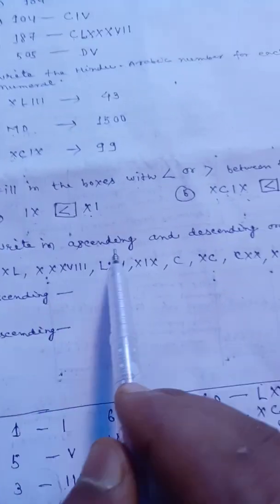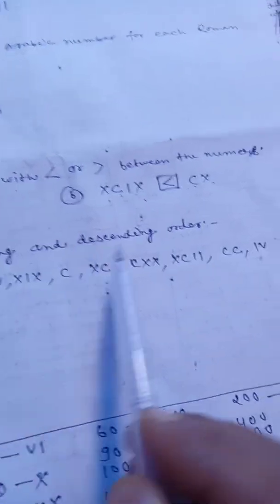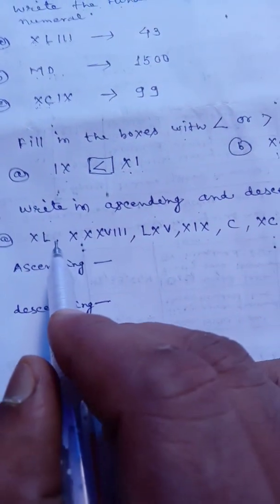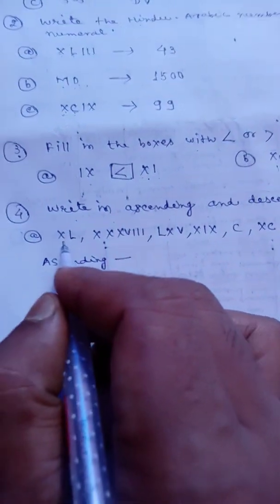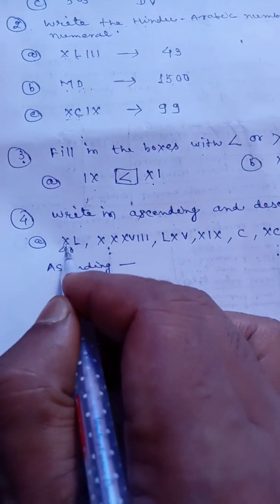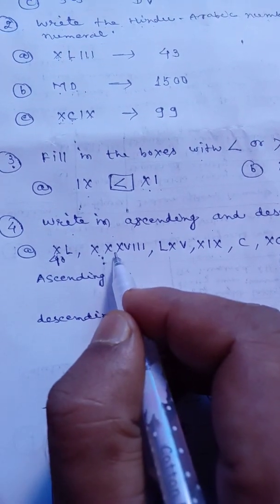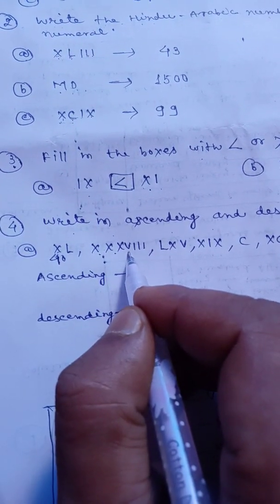Write in ascending and descending order. First we write all these Roman numbers in Hindu Arabic numbers. So this one 40 and this one 10, 20, 30, 38.